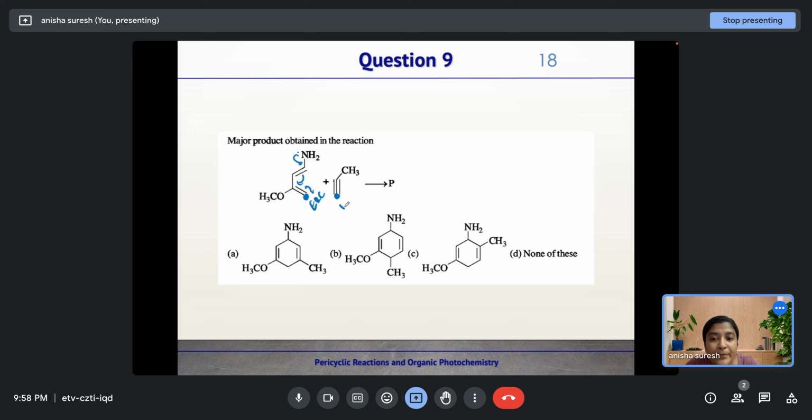So this will be electron rich center and this will be the electron deficient center. Okay, so the reaction will be taking place with this regiochemistry. I will show you. So this is the electron deficient center, this is the electron rich center. They will react, and what will be the product that you will get.